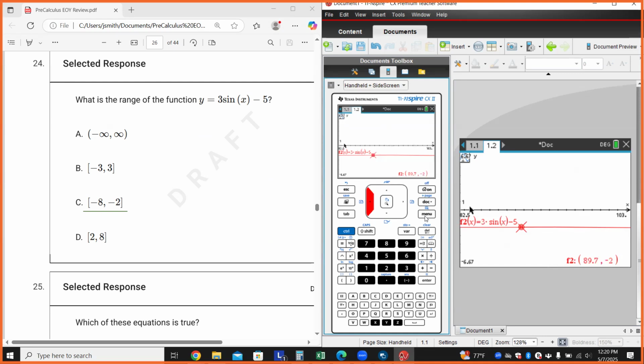So when I went over here, I looked and I saw -2 was the largest Y value. So then when I keep going, look, the maximum actually showed up there. Where'd it go? Right there. So that tells us that that's the max.